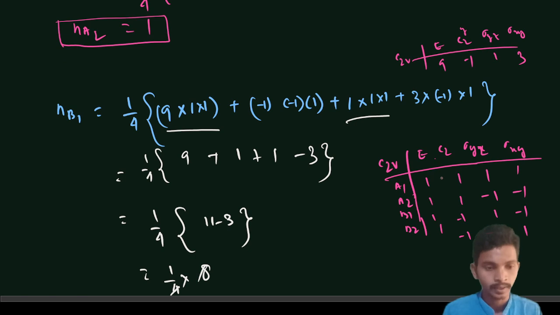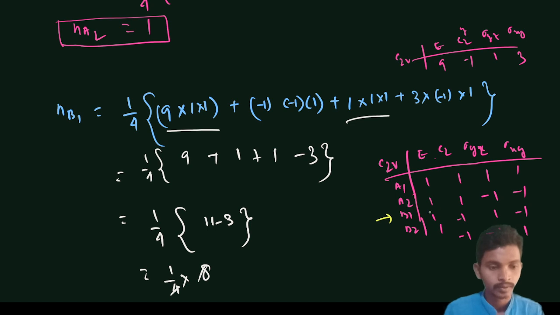So let's say 9, 9, and I'm looking for B1. So 9, 9, okay, 1, 9, 1. Then this is -1, also -1, 1.